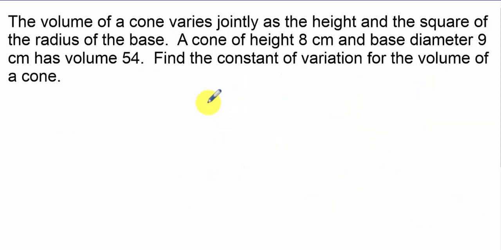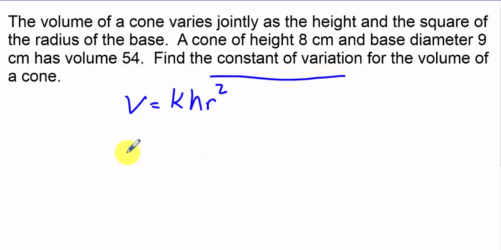And then we have our joint variation. Remember, that is a direct variation with the product, so the volume varies jointly with the height and the square of the radius. And again, they're looking for the constant, so this is a singular term. So I'll have V over H r squared is equal to K. Volume in this case should be 54, that would be cubic centimeters in theory.